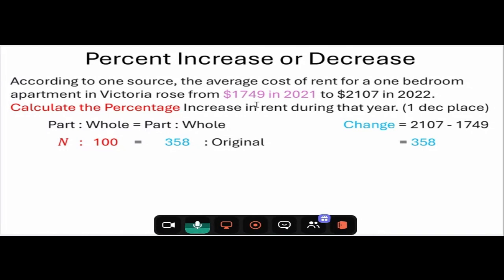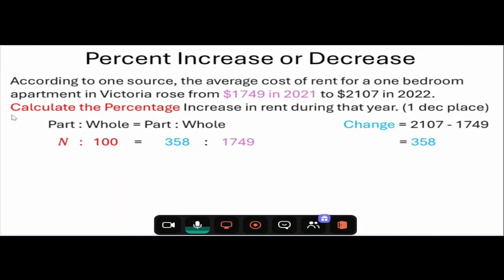So it is the starting value, which in this case is the 2021 value, which then increased in 2022. So there is our part and our whole, which for percent increase decrease questions is the change over the original, or the change over the starting amount. Once you get that set up, you are off to the races.